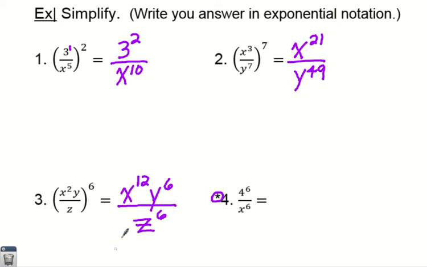And then there's that little asterisk right there, which means something is afoot. Something might be a little tricksy. And the thing is, can we do 4 to the 6th over x to the 6th just because the powers match? Can we do any simplifying? No, because it's a bunch of 4's up here and a bunch of x's down here.